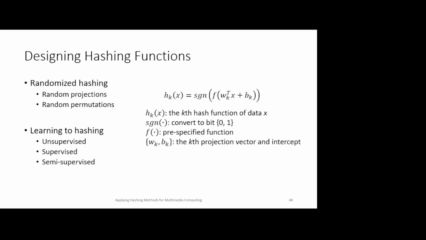The w times x, plus the bias, and then you can use another function, usually a linear function. And finally, remember to use a sign function.